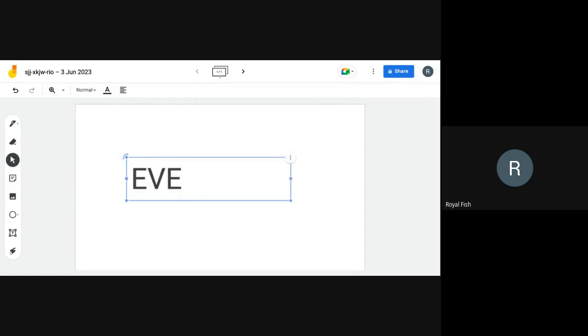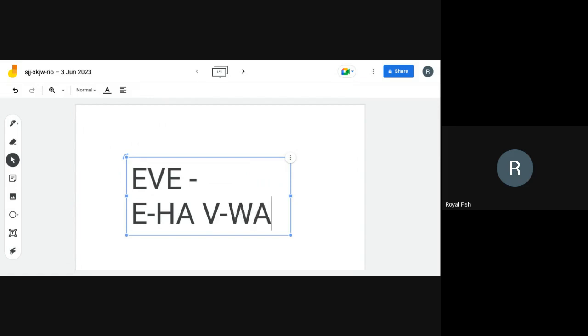So Eve, right? Eve's name is not Eve. We know that that's the English way of saying the word Eve. Period. In Hebrew, the letter E is H. The letter V is Wa, and the letter E is H.